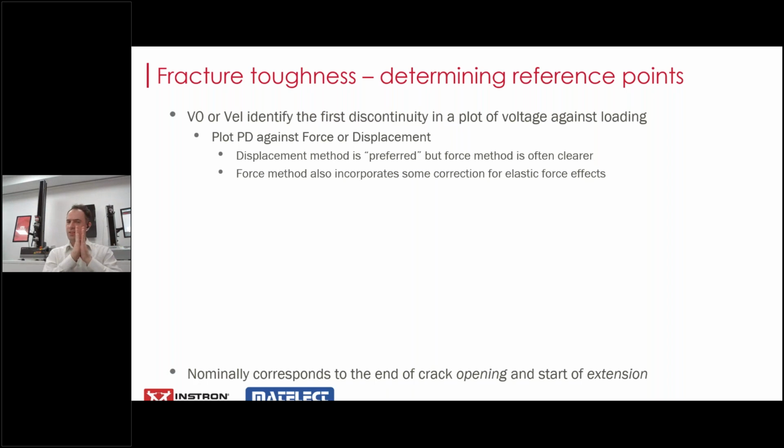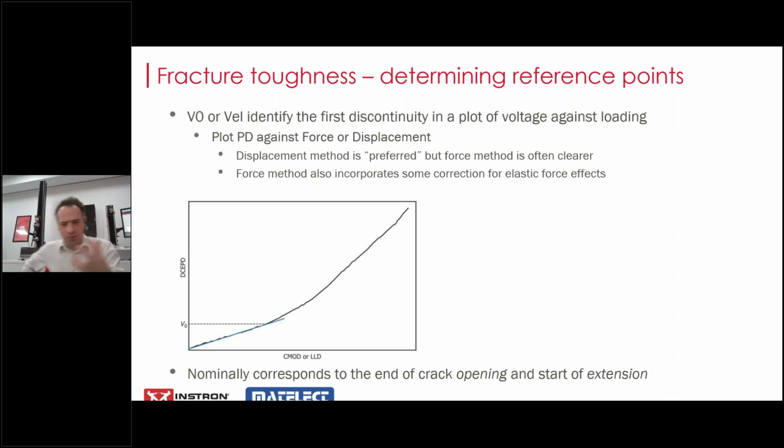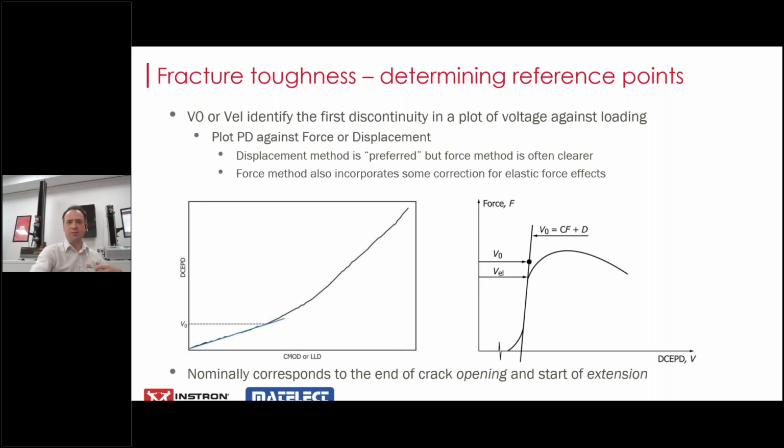So first you elastically open and then you blunt, and the crack tip angle will start to widen, and then you start tearing. So in standardization terms, there are two options for doing this. Either you can compare the voltage with the displacement, or you can compare it with the force. And these do get you two different things.